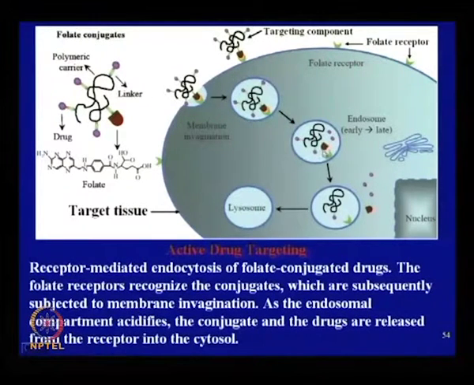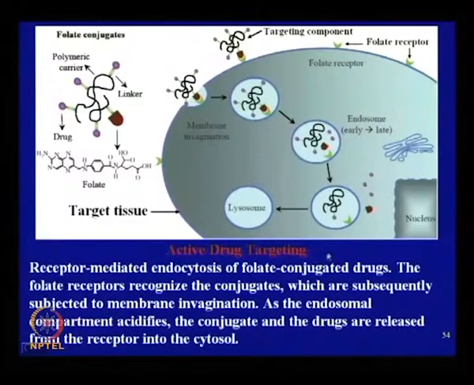The detector also releases, and ultimately we get this drug release at the affected site. So, this is a model. With the help of this model, how active drug targeting and targeted delivery can be done is shown.